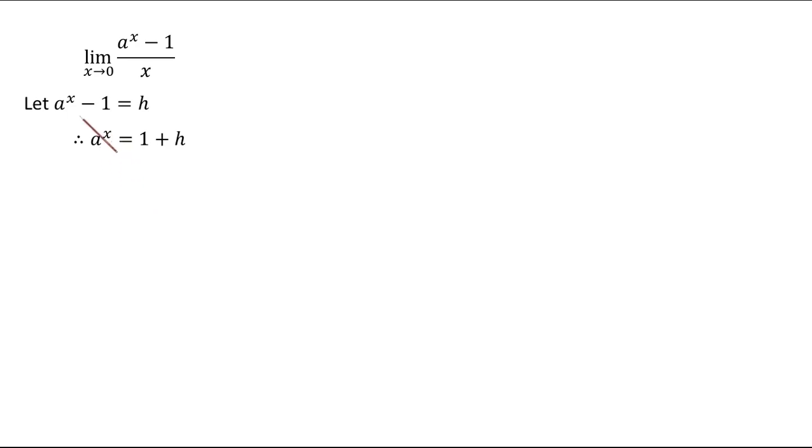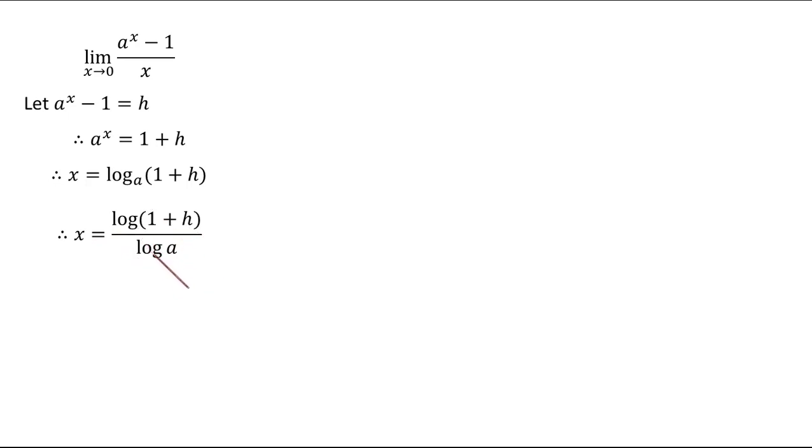So we can say that a raised to x is equal to 1 plus h. The minus 1 is brought over here. And if we take logarithms on both sides, we can deduce x is equal to log of 1 plus h to the base a. So x is equal to log of 1 plus h, the whole upon log a.